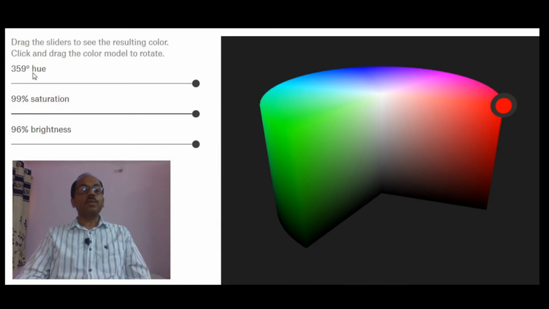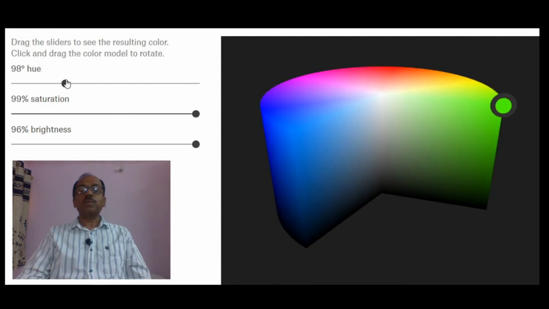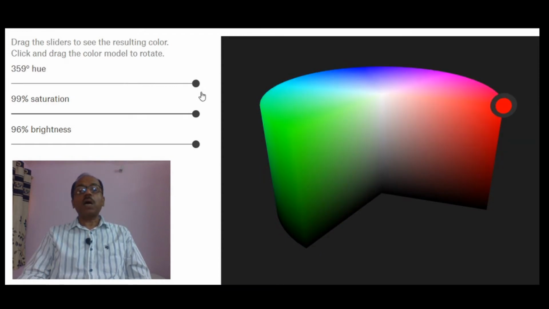Here the hue part is denoted this way. Hue means how angularly it moves, and the saturation is how much saturated a color is, and the brightness, the color's brightness, is controlled by this one.